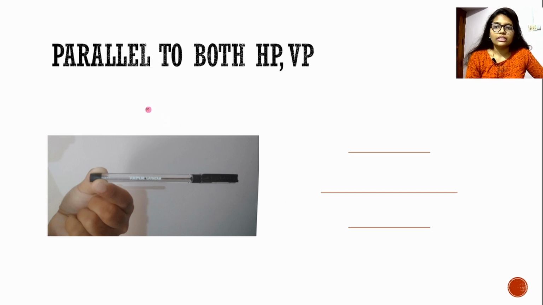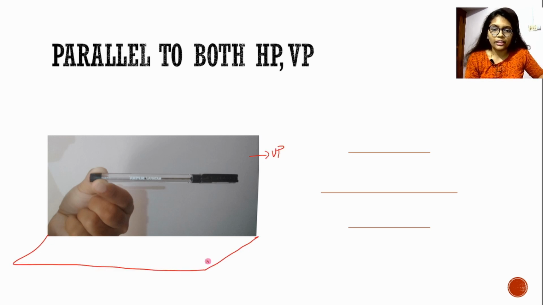Okay, first one is parallel to both HP and VP. So let me remind you that this wall is your VP and here comes your HP, horizontal plane. Okay, and the intersection is your line XY, which we had discussed in the previous video. Okay, this is that XY line, which is the intersection of both HP and VP. Now we are going to draw the front view and top view.